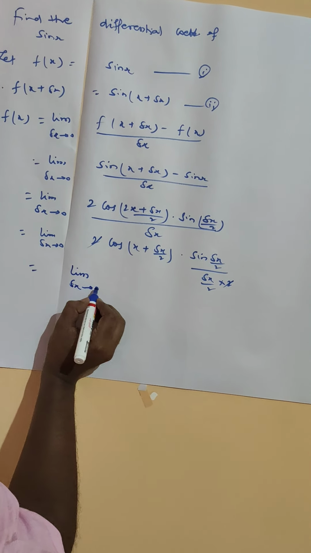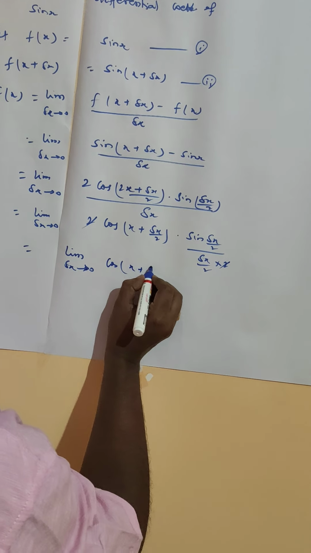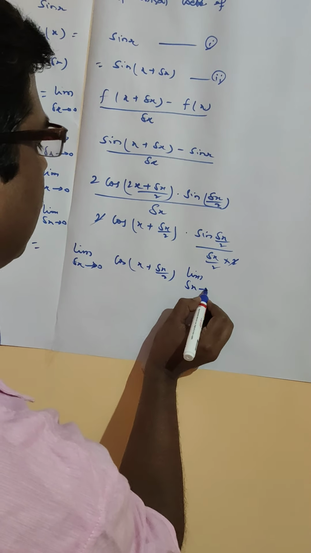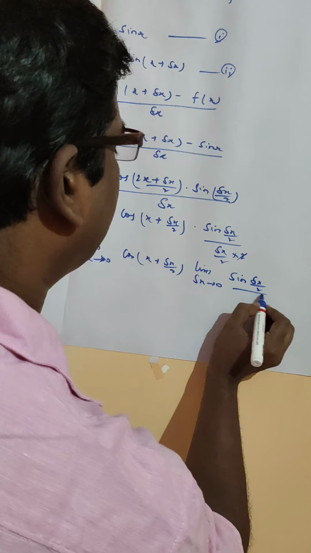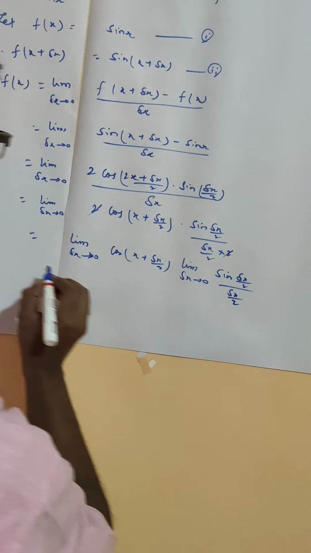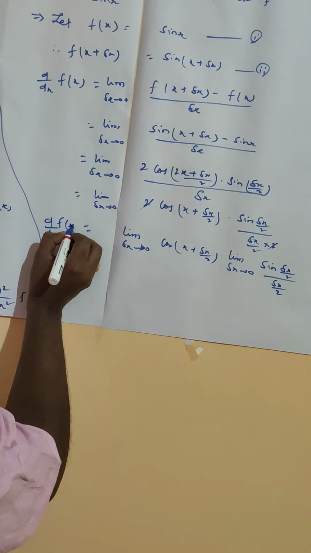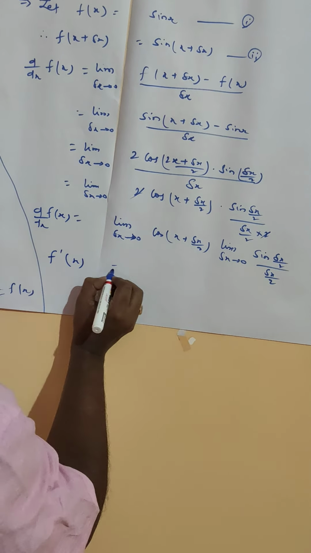Now using the limit as delta x tends to 0, cos of x plus delta x by 2, times the limit as delta x tends to 0 of sin of delta x by 2 by delta x by 2, and this is d by dx of f of x, or we can also write f dash x.